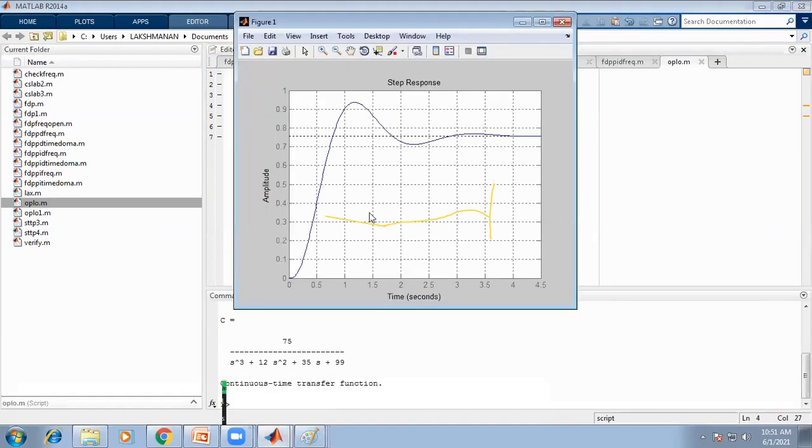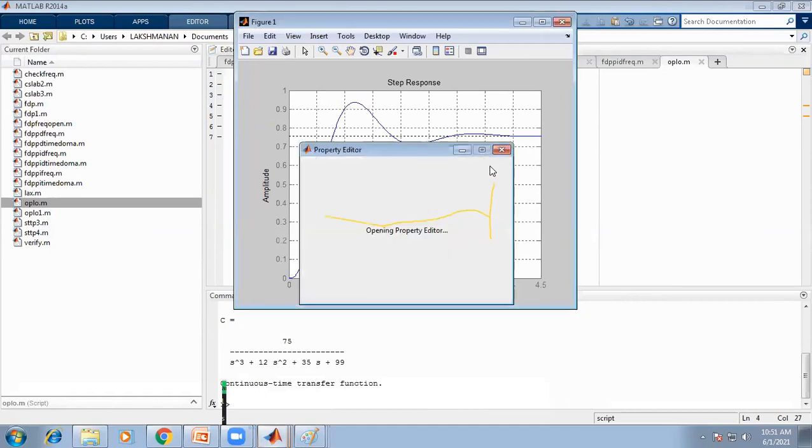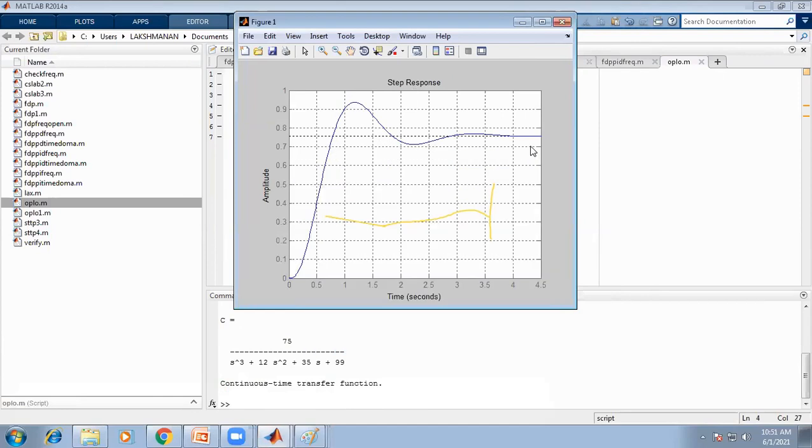You see the output does not reach 1. The final value is 0.75, but we want 1. So the output response does not reach the final value.